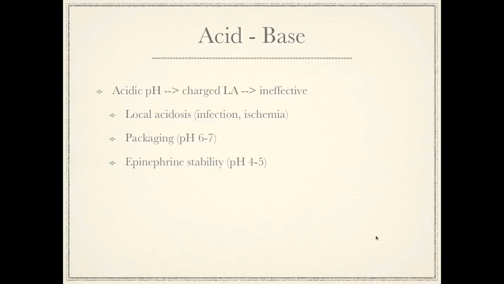Also, the packaging from the pharmaceutical company tends to be acidic, pH of 6 to 7, and this causes more of the local to be charged. And furthermore, if you have epinephrine in your solution, in order for the epi to be stable, it needs to be in an acidic solution, often with a pH somewhere between 4 and 5. And this is 2 to 3 orders of magnitude below physiologic pH, and it's going to push the majority of the local anesthetic into the charged form.